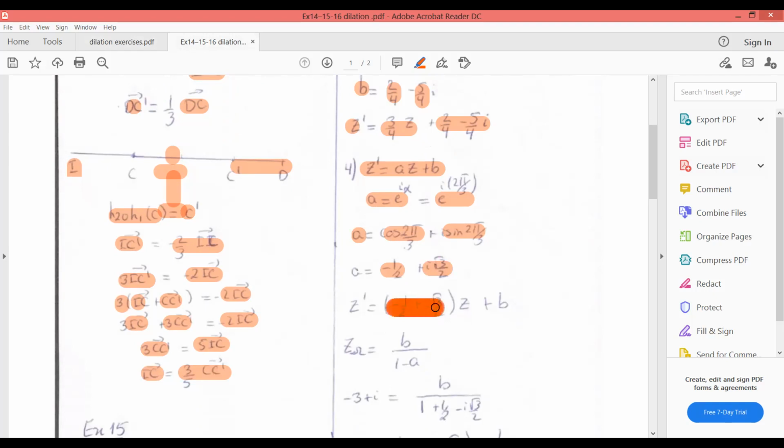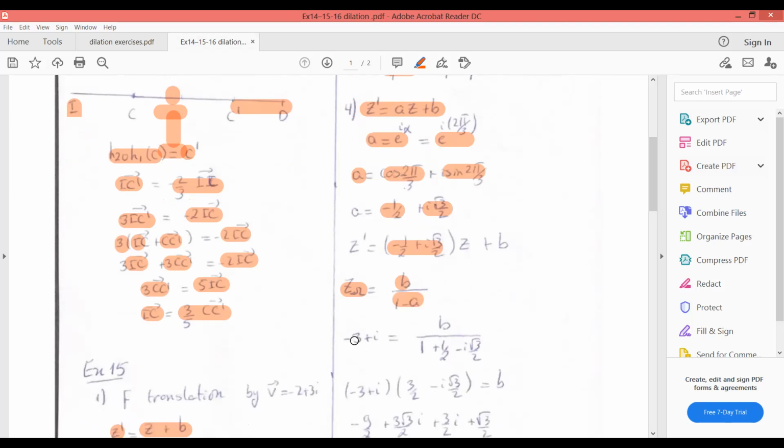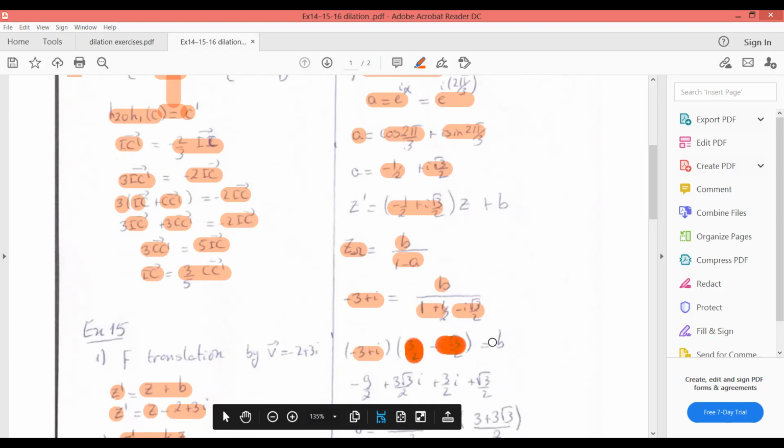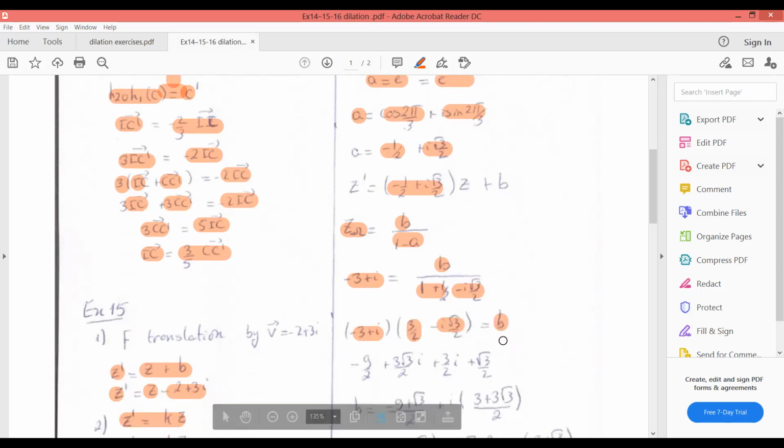This is a. To calculate b, I can say Z omega equals b over 1 minus a. So minus 3 plus i equals b over 1 plus half minus i radical 3 over 2. Cross multiplying, b equals minus 3 plus i times 1 plus half, which is 3 over 2, minus i radical 3 over 2, which is b.